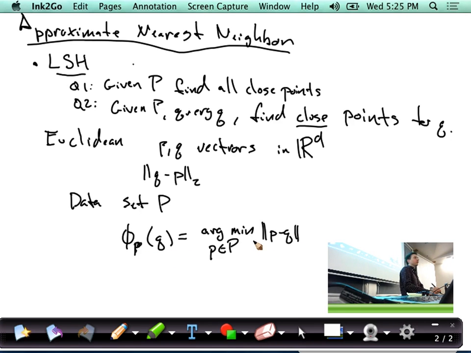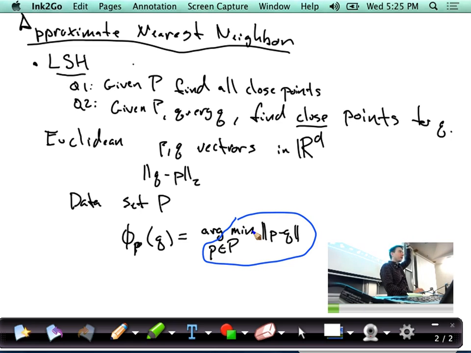Who has not seen this arg min notation before? Have you seen the min notation? If I just wrote this part here, has anyone not seen that before? Just the min? Okay, so with this min, I'm taking the minimum over all values or all points P in the set.